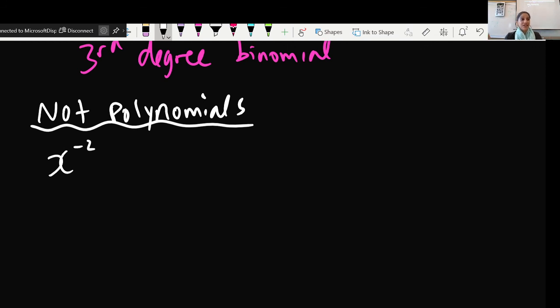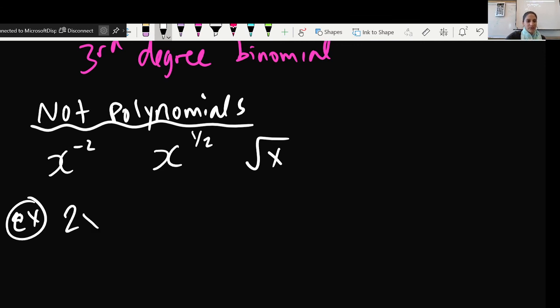It's a rational function, but you don't need to worry about that yet. That'll come up later. Also, if we have x to the 1/2, so fractions in the exponent, negatives in the exponent don't count. Root x, if we have a square root sign over the variable, it doesn't count. So how would this look in a question, or how would this show up? If we have 2x squared minus root y plus 3, this is not a polynomial.